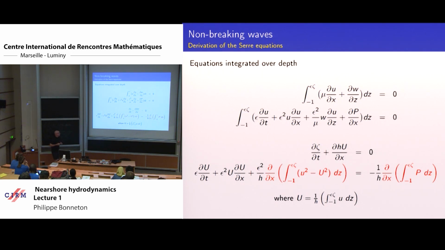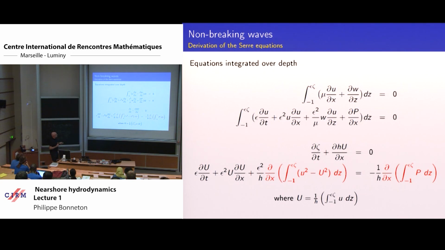And we do the same thing for the momentum equation. It is the same. There is no difficulty. And you obtain this equation. So we are looking for a 1D system with two equations based on two variables. The two variables of the problem are zeta and capital U, the depth-averaged velocity. So there are two unknown terms, this one and this one.